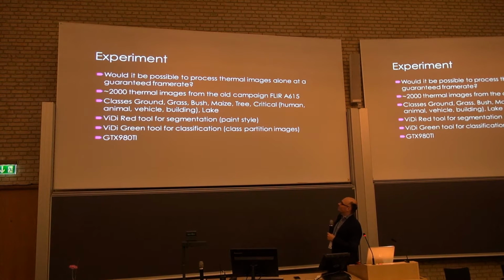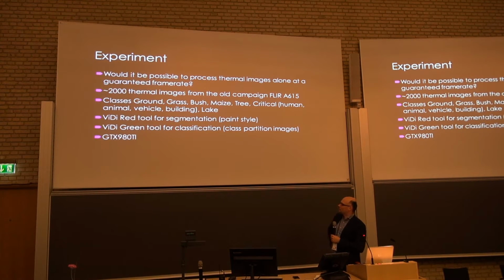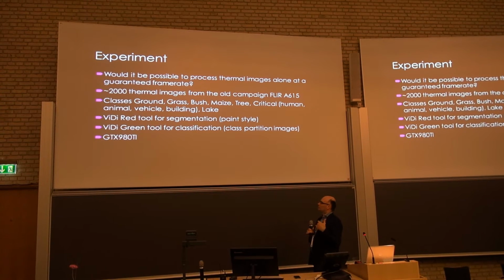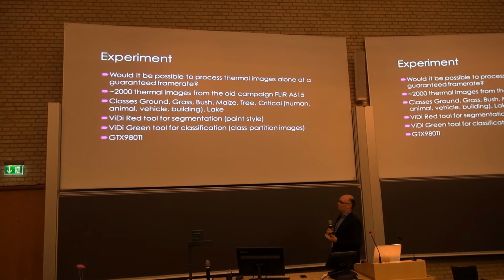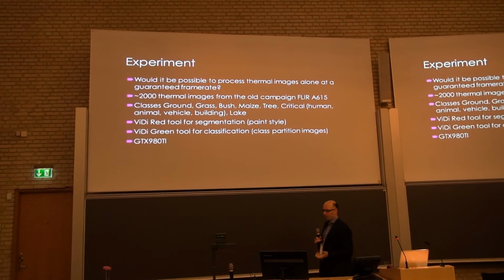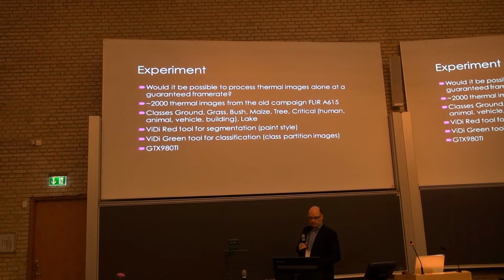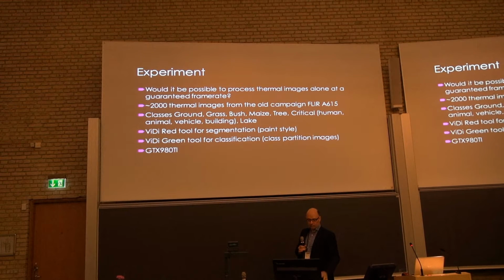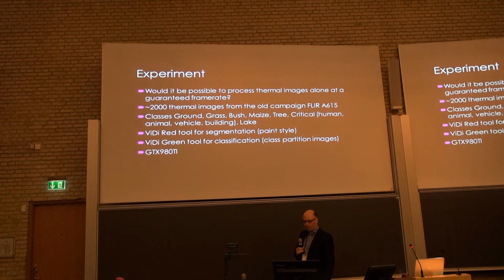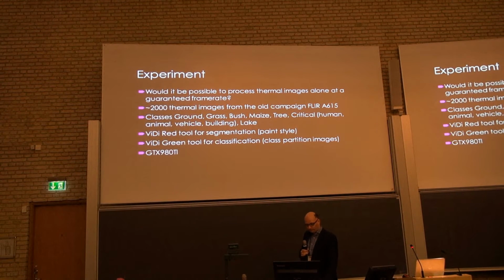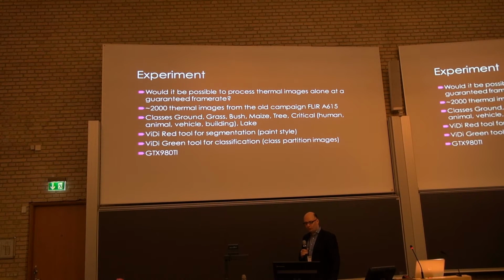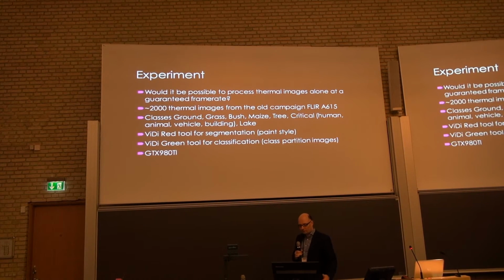So the experiment that I then decided to do was, with the thermal images, would it be possible to process thermal images alone at a guaranteed frame rate. I took about 2,000 of my thermal images from the old experiment. And I've defined classes: ground, grass, bush, maize, tree, and critical.